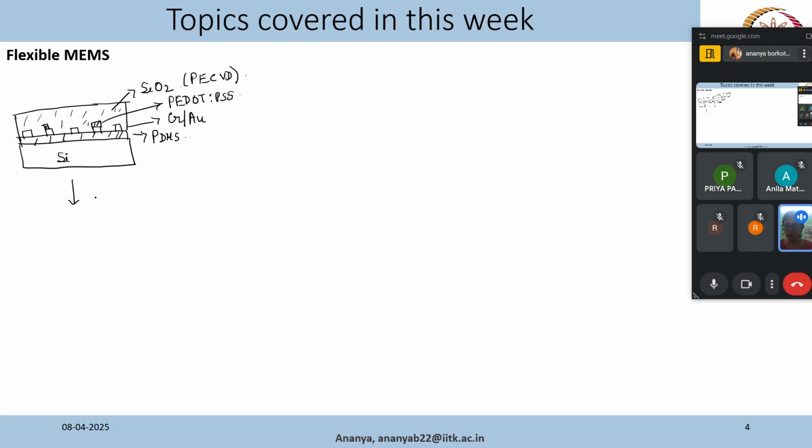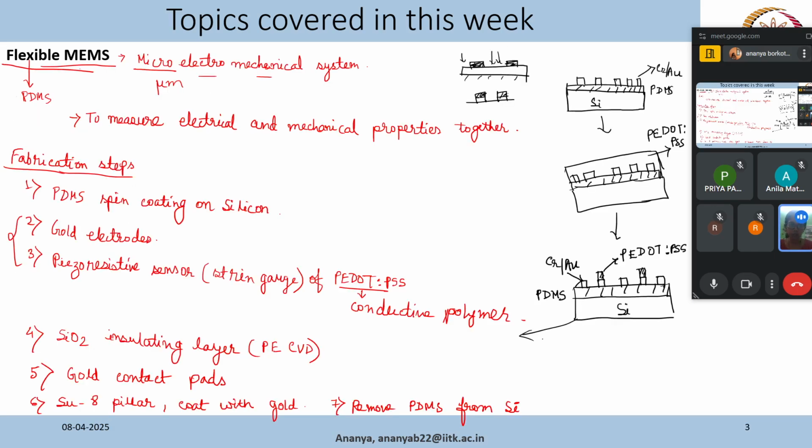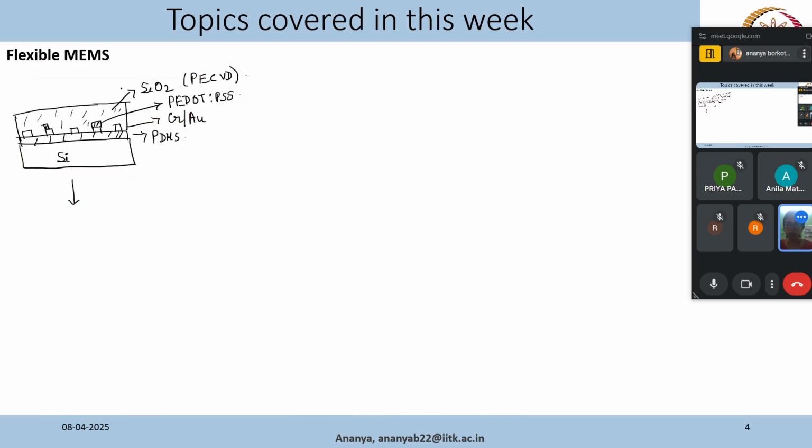So we have already done the first litho, then the second litho, and now we are doing the third litho to make the gold contact pads. We will not go through the photolithography process.